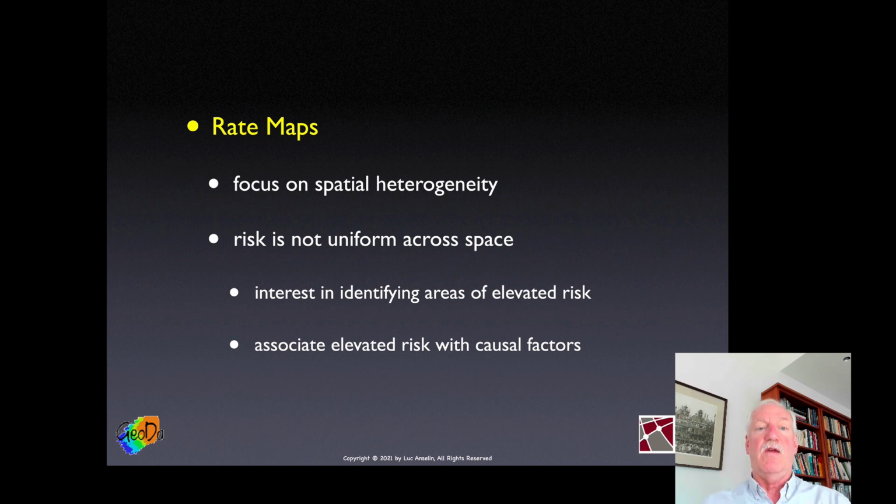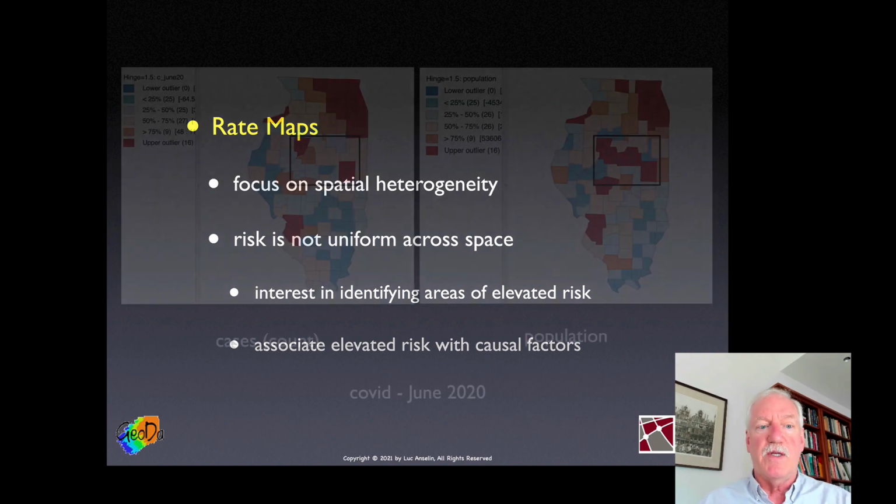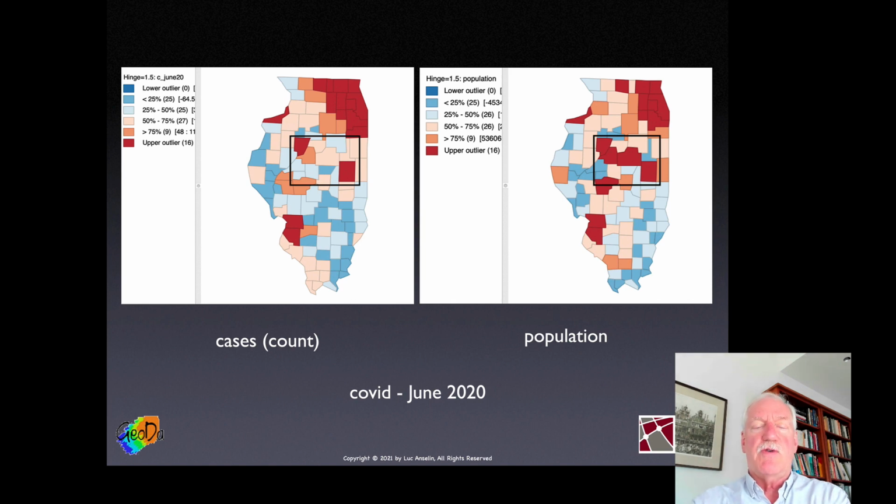And specifically, we tend to be interested in identifying areas with elevated risk, higher risk than elsewhere, and then eventually, but we won't actually do that in this course, tie this elevated risk to some explanatory causal factors. But the purpose of risk mapping is to get a good estimate of the underlying risk and be able to assess how it changes over space. And this is an illustration of what a crude rate map does.